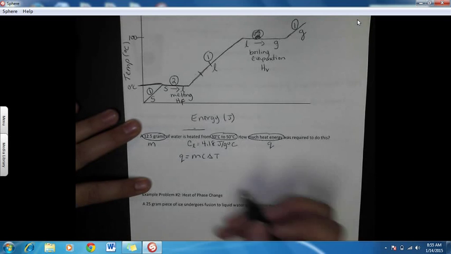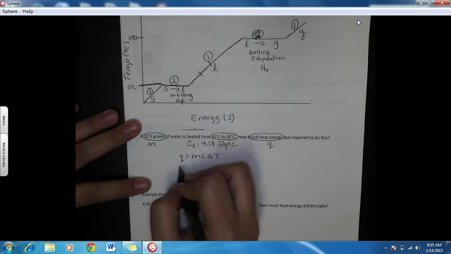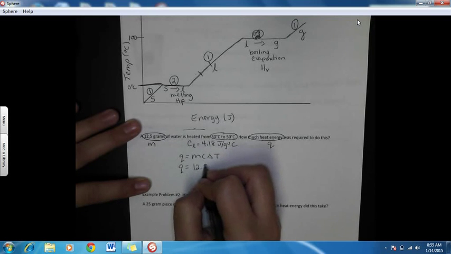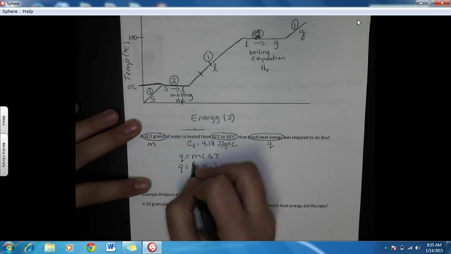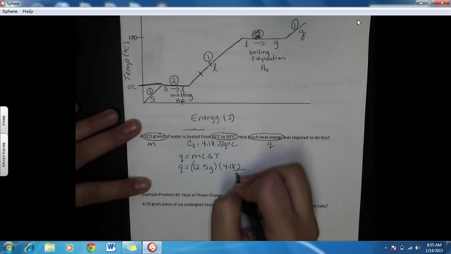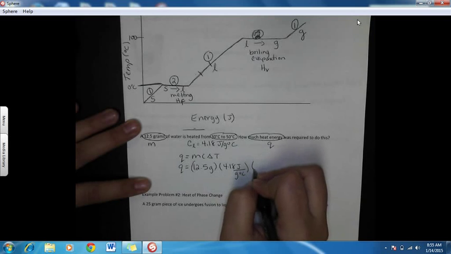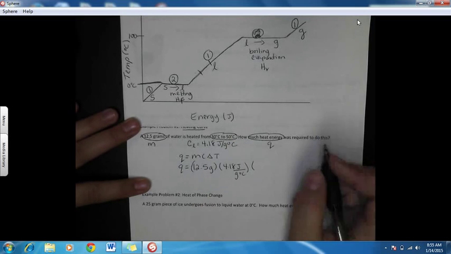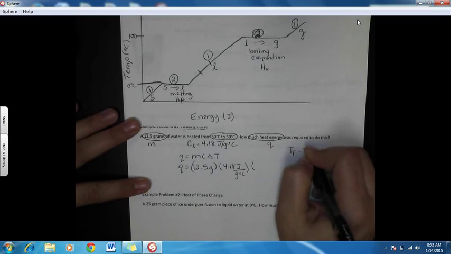So we plug in this information that we know. Q equals the mass, which is 12.5 grams, times the specific heat, which is 4.18 joules per gram degree Celsius, times the change in temperature. Remember, the change in temperature is the final temperature minus the initial temperature.